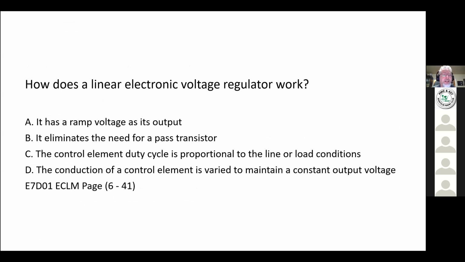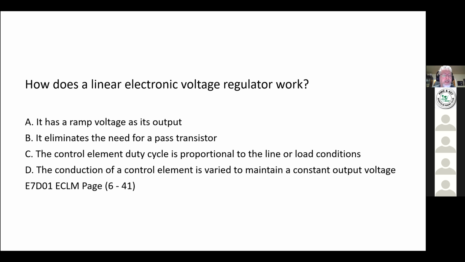How does a linear electronic voltage regulator work? A, it has a ramp voltage as an output. B, it eliminates the need for a pass transistor. C, the control element duty cycle is proportional to the line or load conditions.